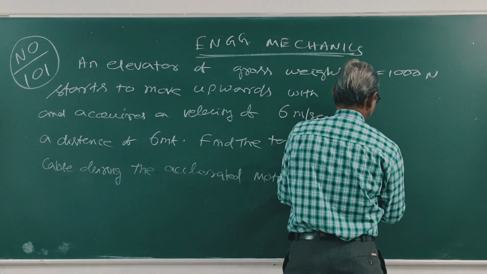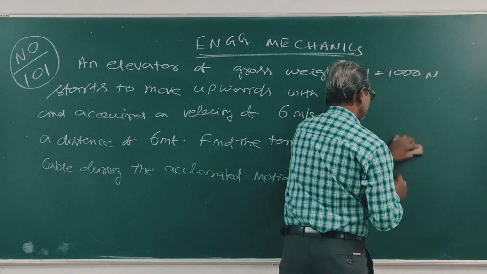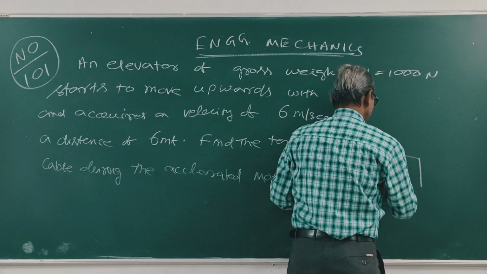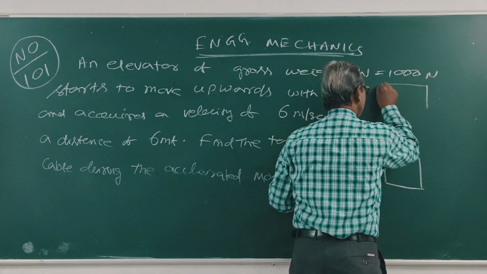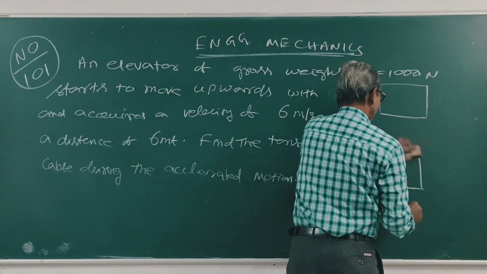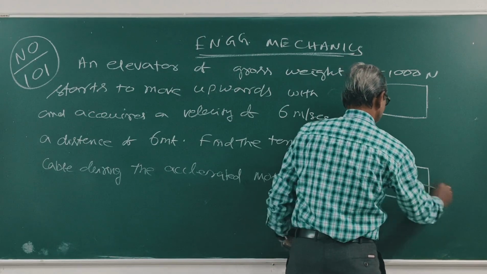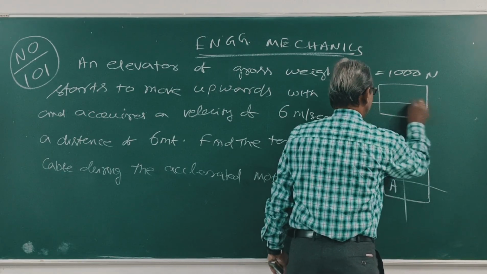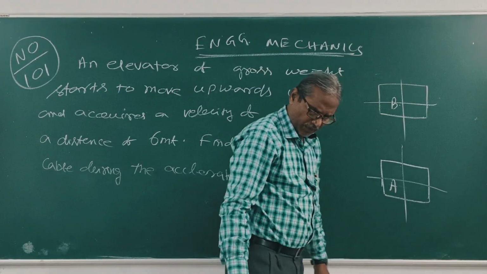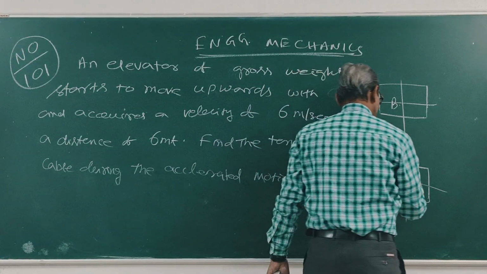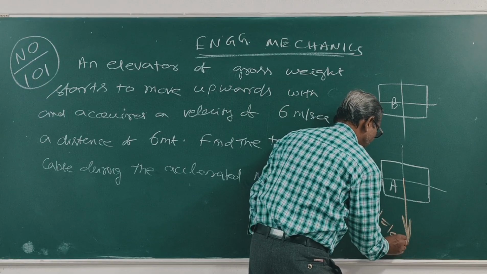This elevator, this is point A, this is point B. The elevator weighs 1000 Newton. This is weight W, W is equal to 1000 Newton. Clear?